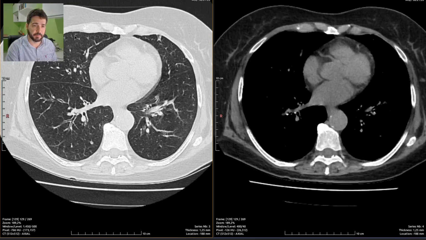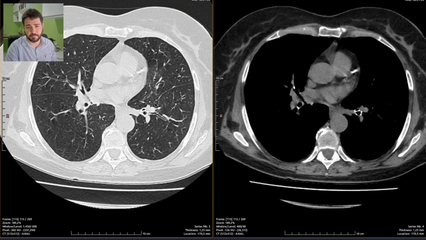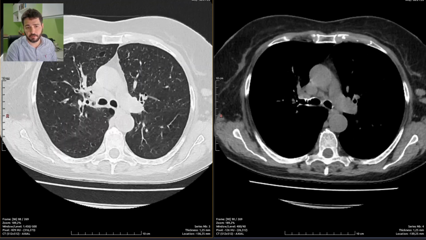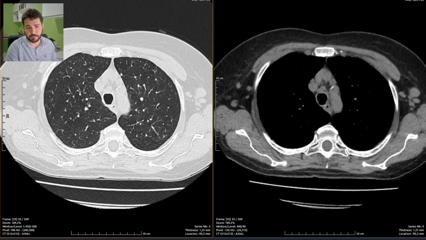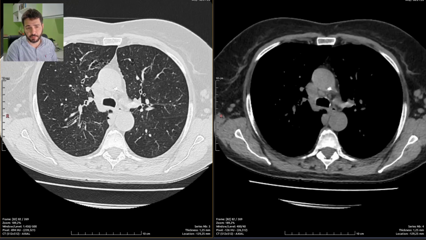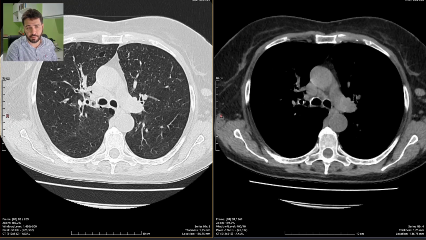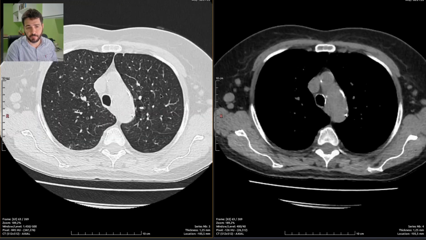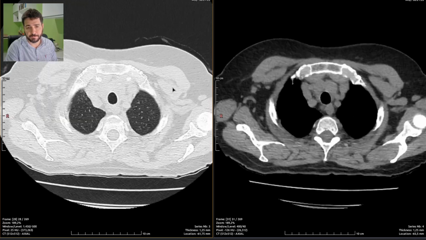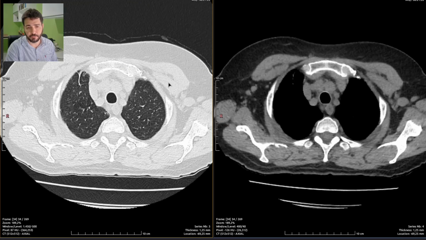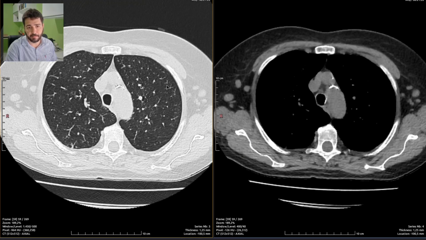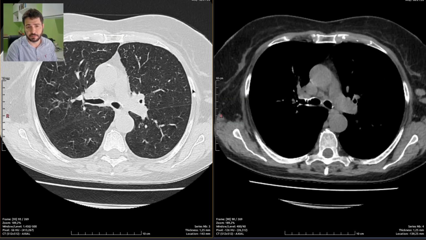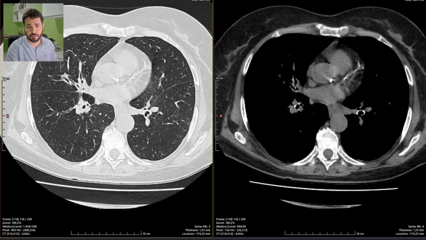The micronodules are predominantly centrilobular in location. There are also a few subpleural bullae, or bubbles or blobs, you choose it.